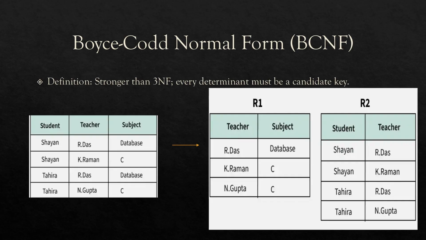So R is divided into two relationships, the teacher-subject and the student-teacher. That's how we divide the table, and this follows the BCNF rules where we can determine the candidate key separately.